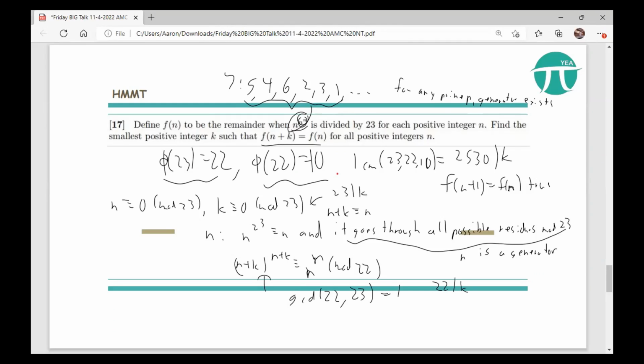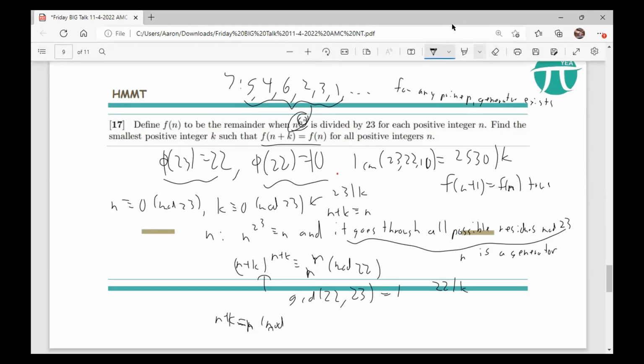And so since n plus k is congruent to n mod 11, then you use exponents and the fact that phi of 11 equals 10.